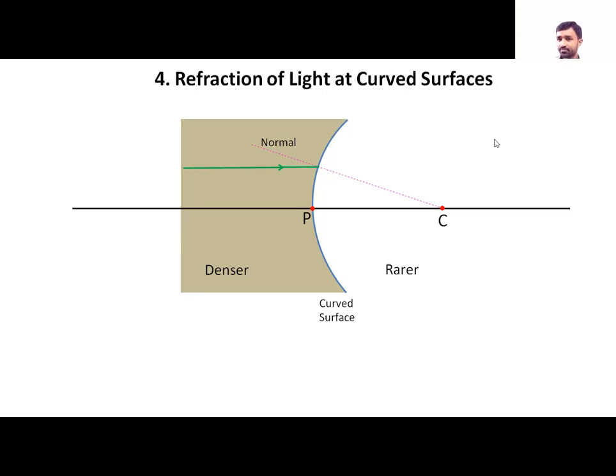Towards or away? Away. So here I have a gap between the normal and the incident light ray, denoted as the angle of incidence. When it enters into the rarer medium, is the angle of refraction greater than the angle of incidence or less than the angle of incidence? Tell me.